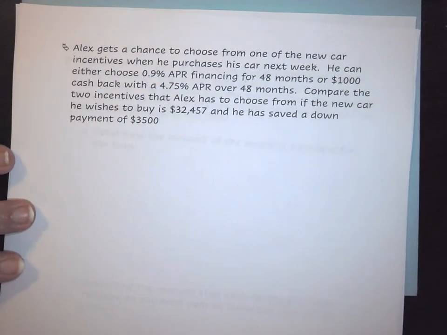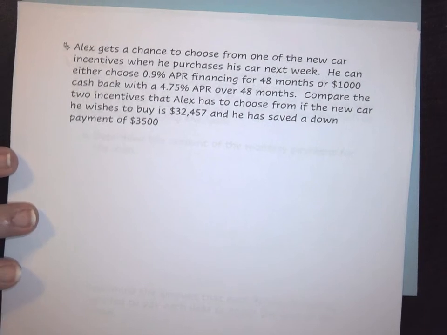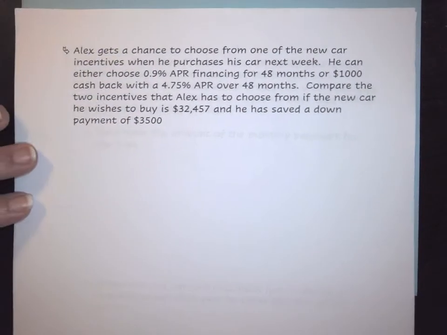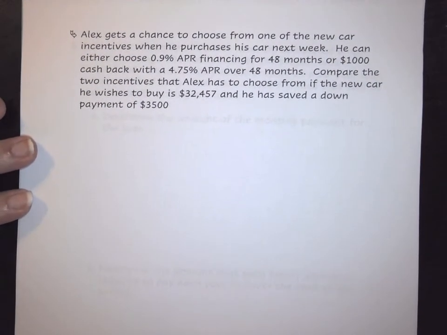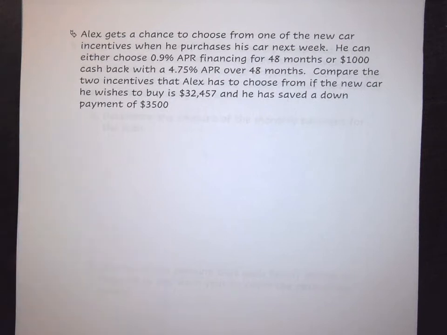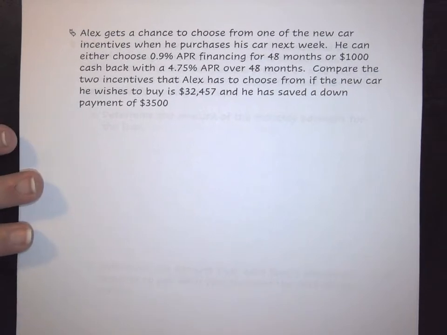Now, another type of question that you might come across is a question where you have to choose the method or the savings method that works the best. Okay, so here we have that Alex gets a chance to choose from one of the new car incentives when he purchases his car next week.